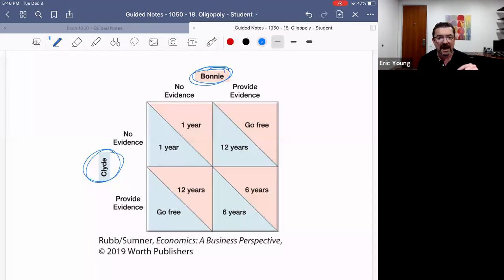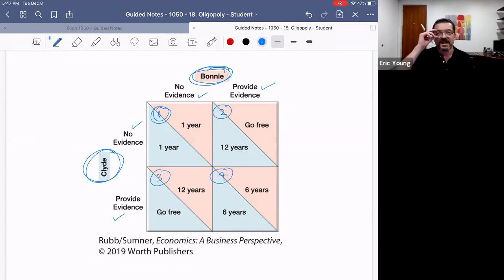Both Bonnie and Clyde have two potential actions: provide evidence to the coppers or provide no evidence by zipping it. If we put our numbers down, box 1, box 2, box 3, box 4, we see a payoff matrix. We see that based on what Bonnie does and Clyde does, there's potential jail terms.